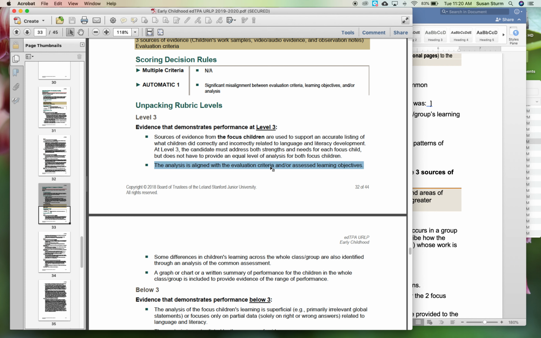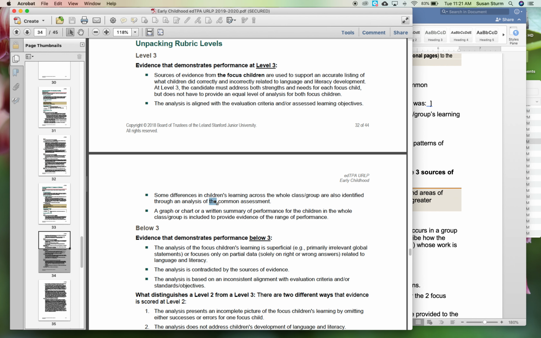This bullet, the analysis is aligned with the evaluation criteria of the assessed learning objectives. So your actual instrument needs to line up with what you've taught, and that's part of this automatic 1. If there's not alignment, you can get a 1. Some differences in children's learning across the whole class or group are also identified through an analysis of the common assessment.